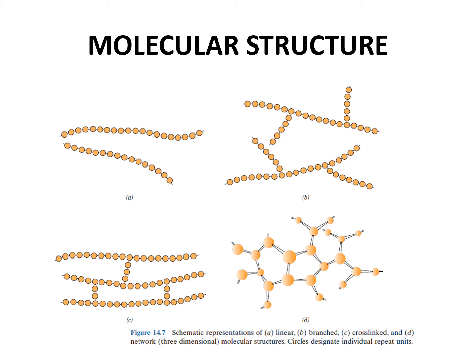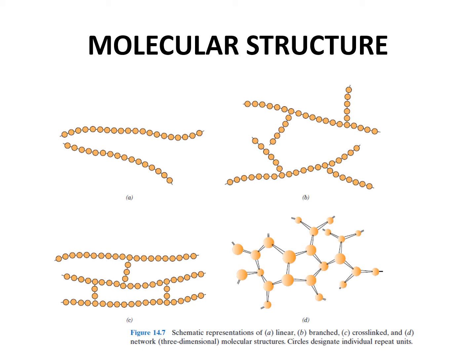In cross-linked polymers, as you can see in figure C, the adjacent linear chains are joined to each other at various positions by covalent bonds. Okay. So this cross-linking is actually accomplished by addition of atoms or molecules that are covalently bonded to the chains.